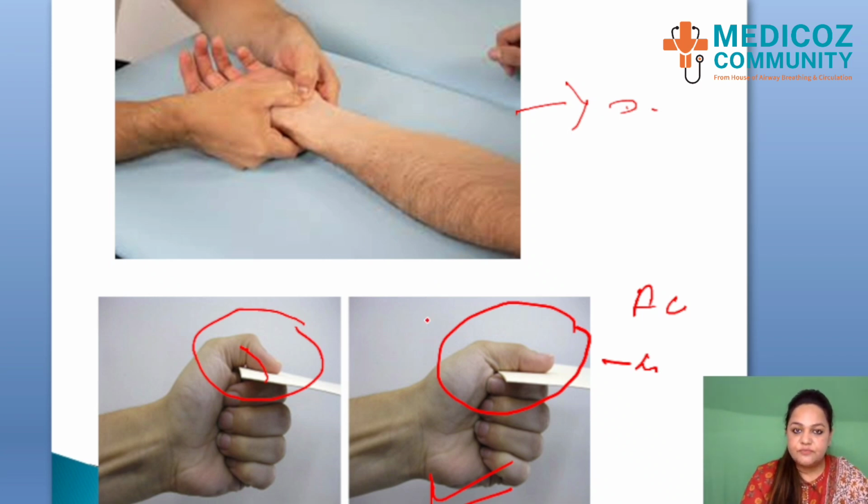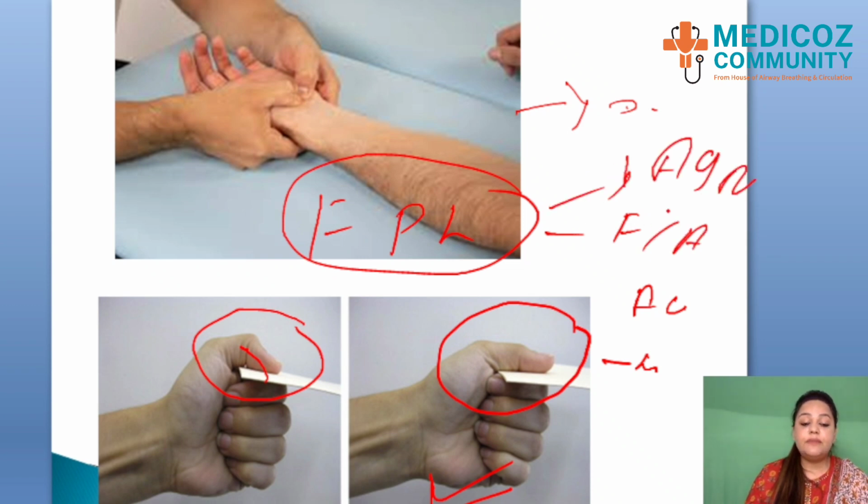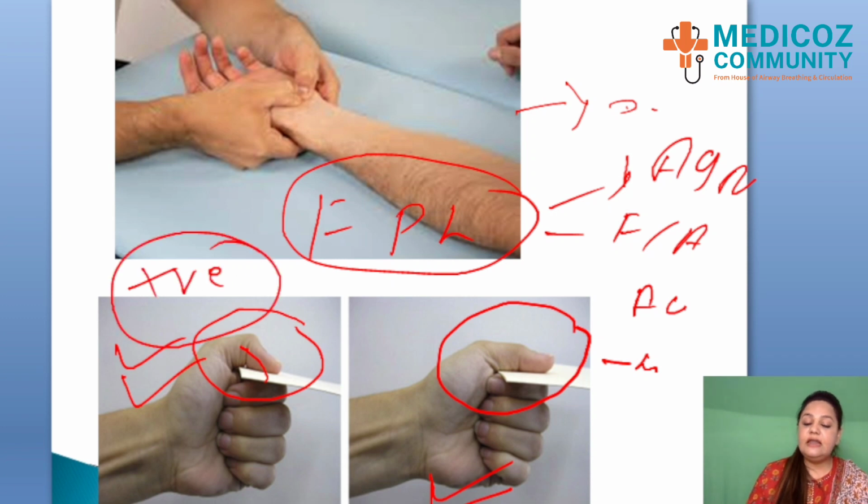The interphalangeal joint of the thumb is flexed by the flexor pollicis longus, which is a muscle of the forearm, supplied by the anterior interosseous nerve, a branch of the median nerve. So to hold the piece of paper between the thumb and index finger, the patient will do this trick movement, and that's how you will come to know there is some problem with the ulnar nerve. In this case this sign is positive for the ulnar nerve.